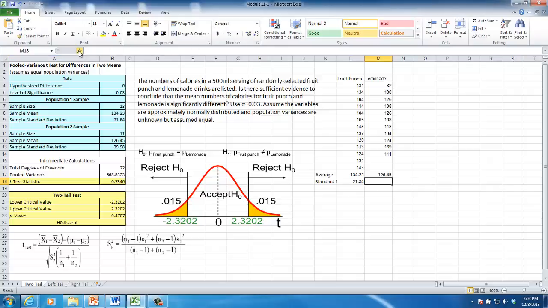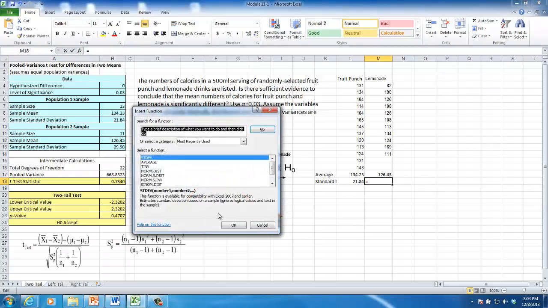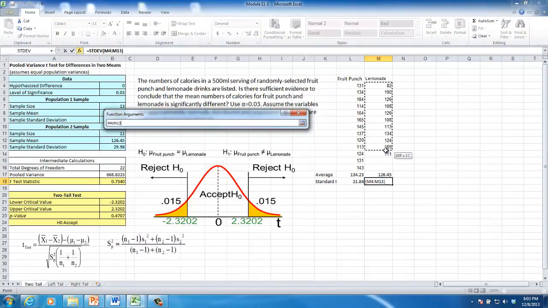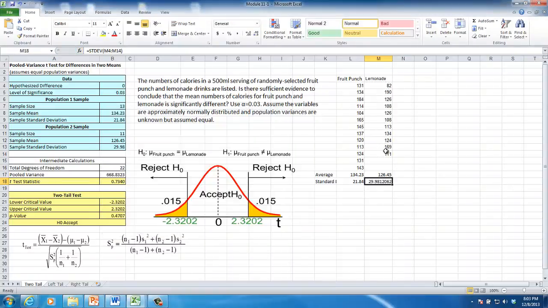And I do the same for lemonade, the standard deviation for this data here. Again, I reduce the decimals to 2. So 21.84 for fruit punch and 29.98 for lemonade.